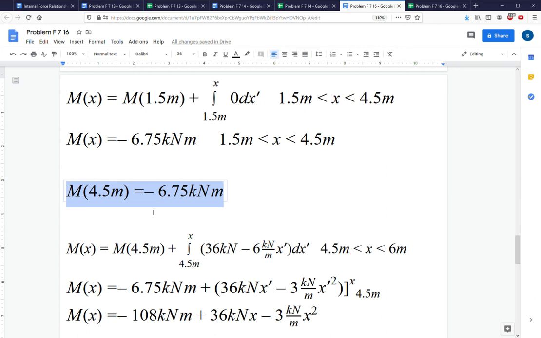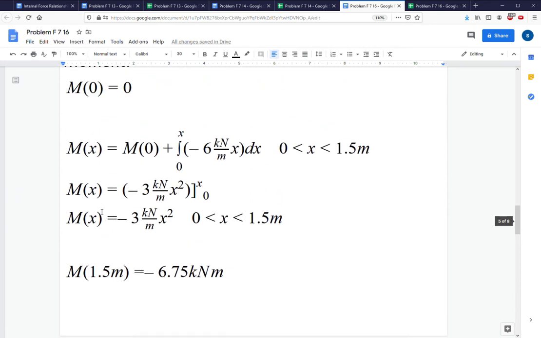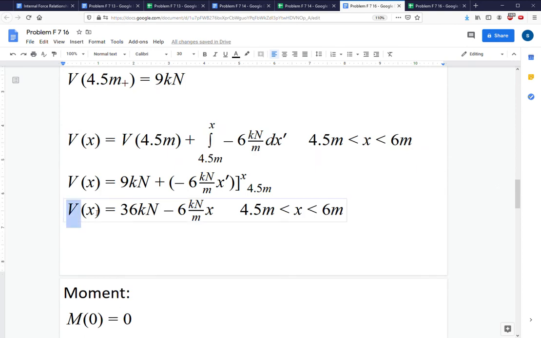Then for the last segment, we say that the moment of that region is equal to the moment at the start of that region, plus the integral from the beginning of the region to x of the shear function, which, remember, the shear function we calculated was this.